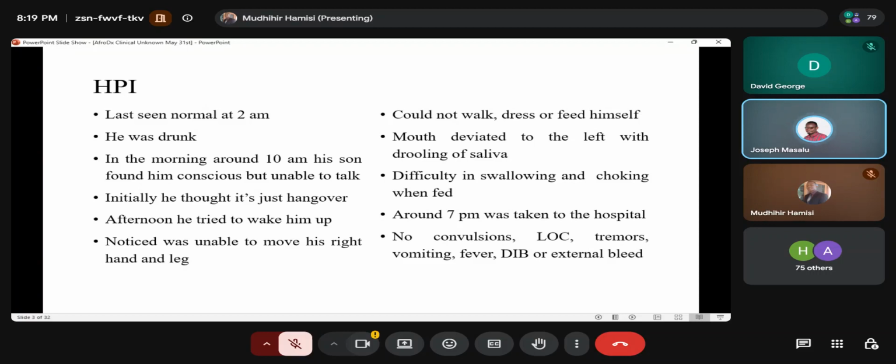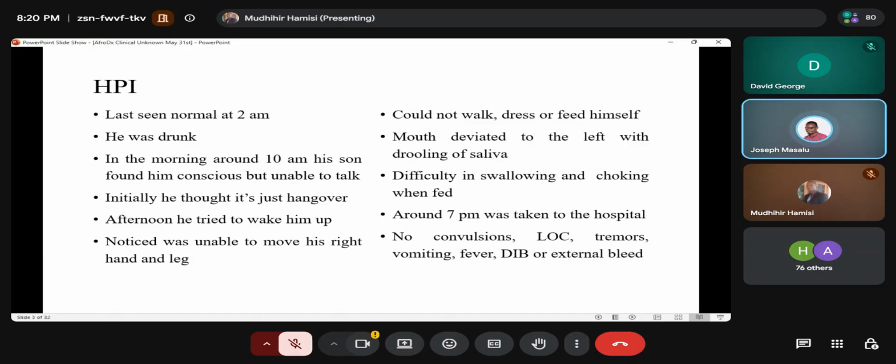So we can say we have two things. We have a hyperacute process which occurs in seconds to minutes, or we have something which occurs over hours, not days, hours. So we have a hyperacute to acute process, and here we can't rule out stroke. Number two, an infectious process of the CNS, plus another one can be immune-mediated processes.